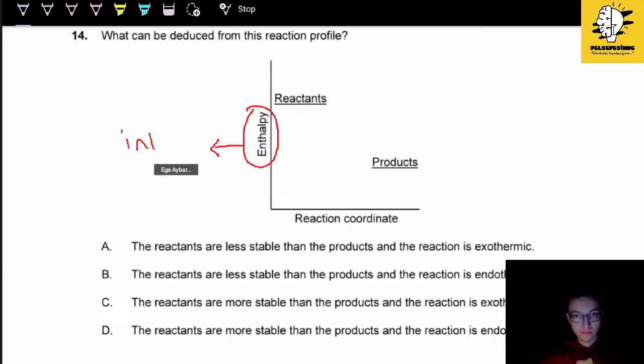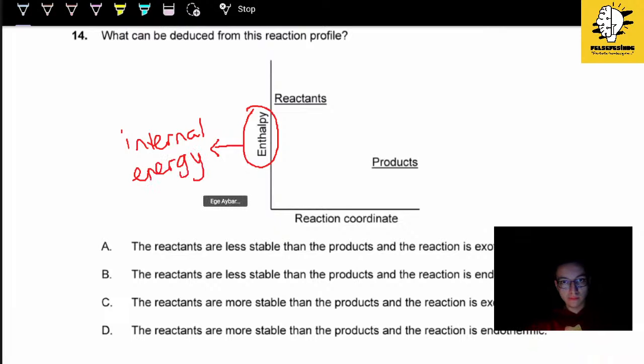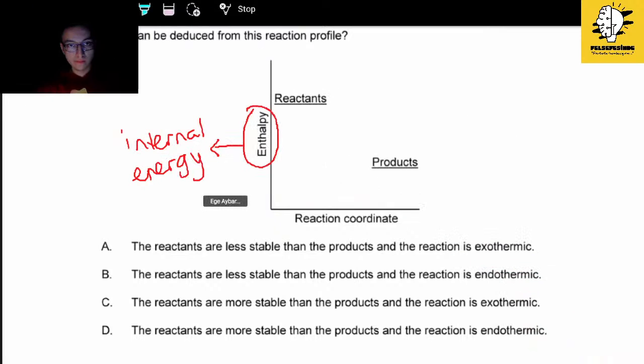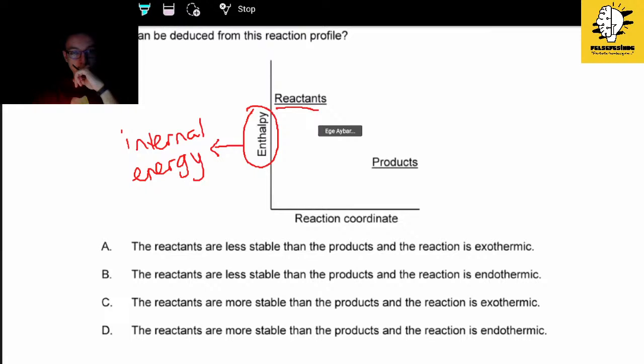Let me write it because it is very important and it will help us answer this question. And it's for practice as well. So as we can see, reactants are in higher energy state than products. And if reactants have higher energy than products, then we can say that it is less stable.